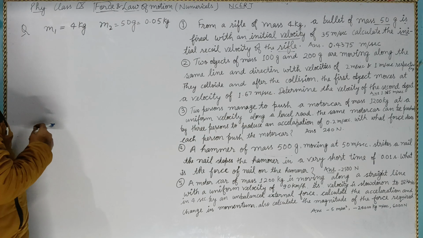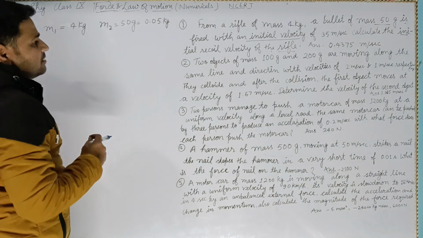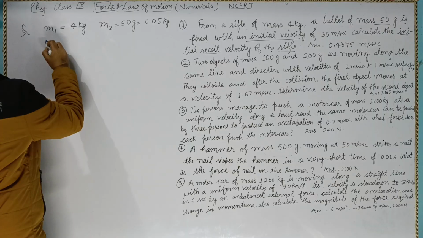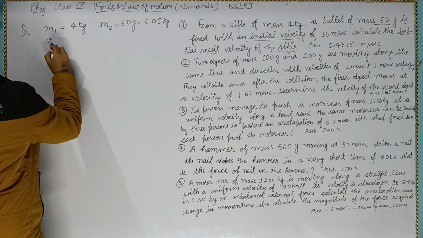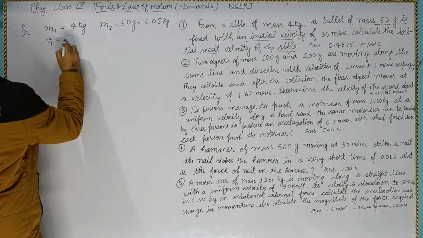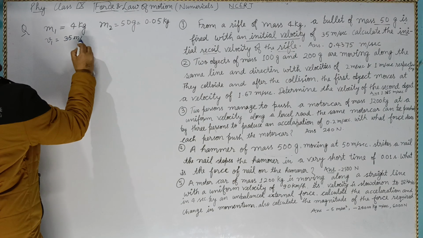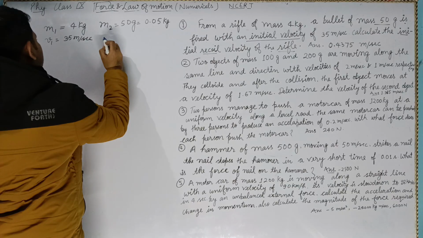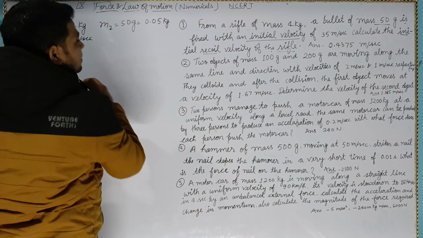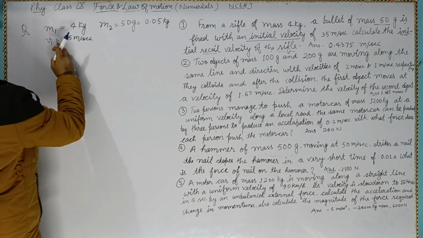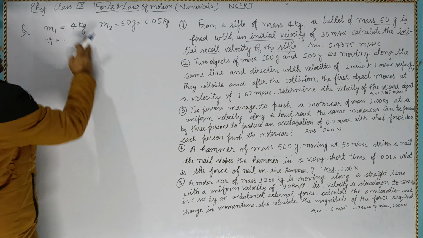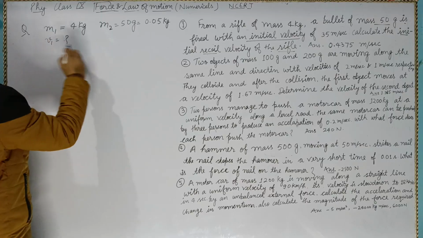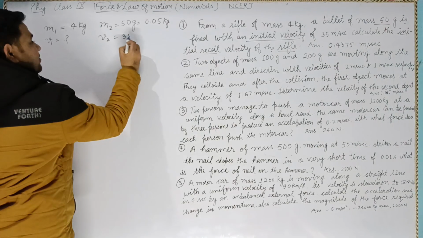We consider the recoil velocity of the rifle V1, which we have to find, and V2 is given as 35 meter per second.